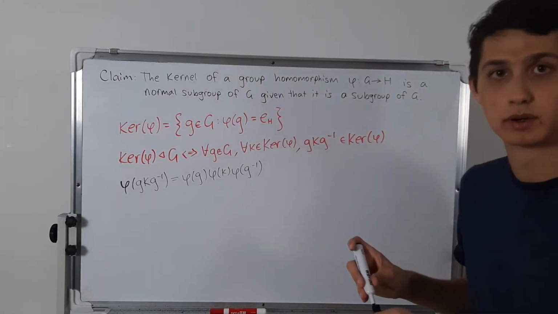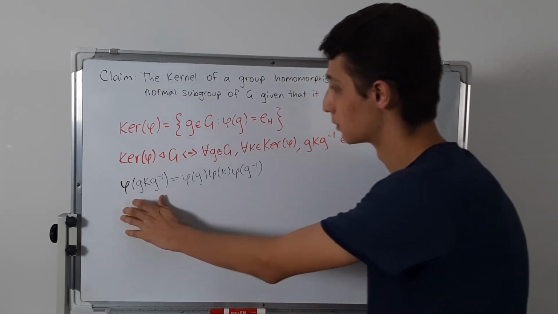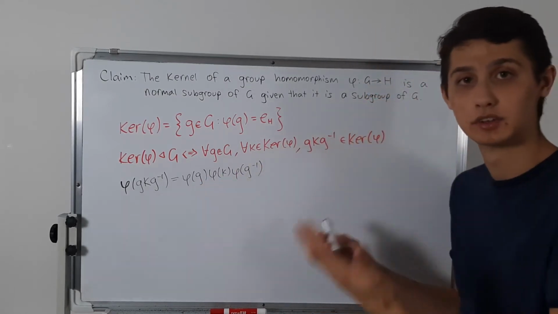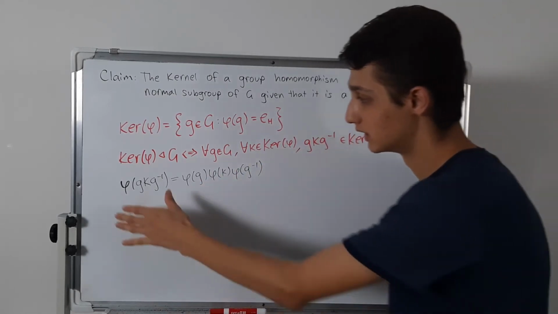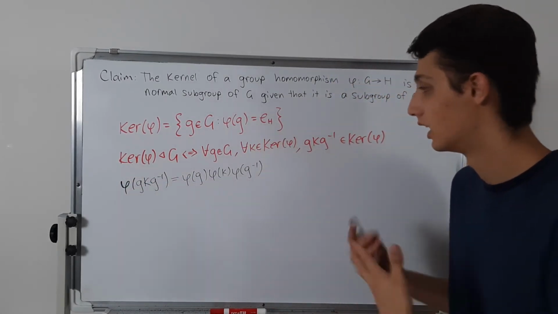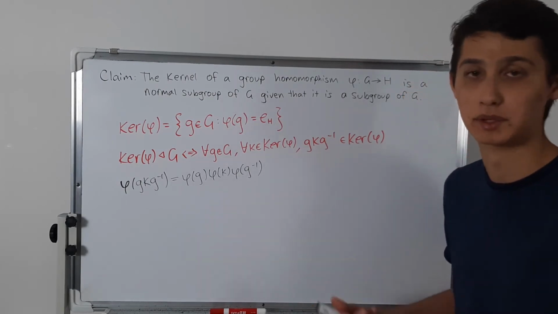Remember that we're doing different operations here: this group operation is the one from capital G, and this one is from capital H, so just keep that in mind. This could be addition or something else, and this could be multiplication or something else. They could be the same, but let's assume they're probably different.